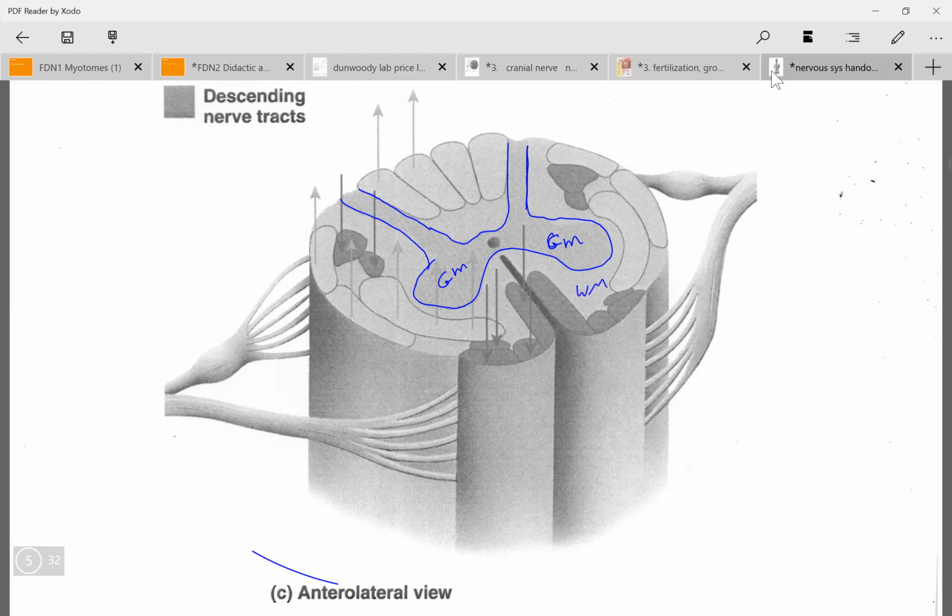It's white matter because it's myelinated, and the myelin is a fatty type substance, so it has that whitish appearance. So that would be the white matter. The gray matter is gray because of the cell bodies, all the different cells that you find within the gray matter.